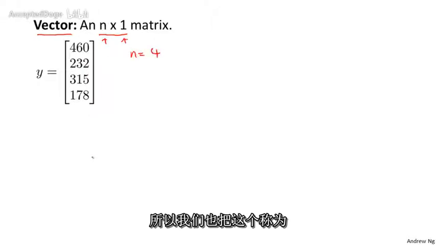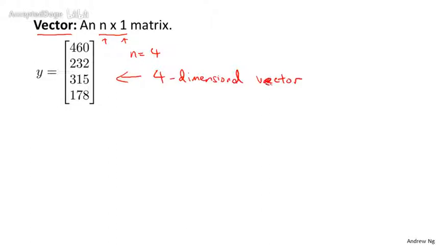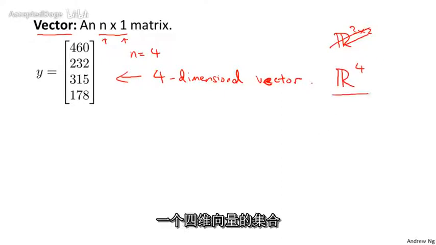Another term for this is a 4-dimensional vector. It just means that this is a vector with 4 numbers in it. And just as earlier for matrices, you saw notation like R3×2 to refer to 3×2 matrices, for this vector we're going to say it is a vector in the set R4. So this R4 just means the set of all 4-dimensional vectors.